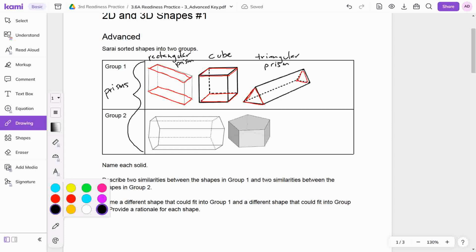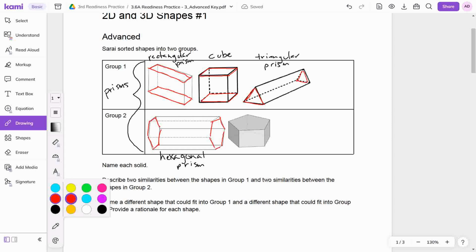All right, so down here, if we want to know what type of prism this is, let's just count the sides. 1, 2, 3, 4, 5, 6. Let's do this other one. 1, 2, 3, 4, 5, 6. So a six-sided shape is a hexagon. So this is a hexagonal prism.